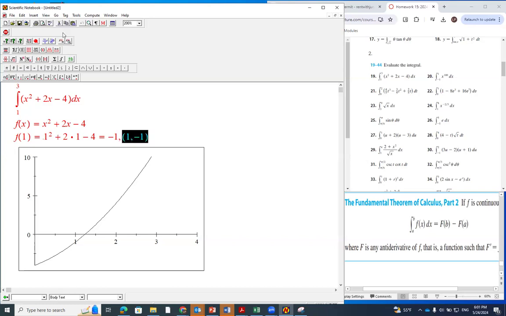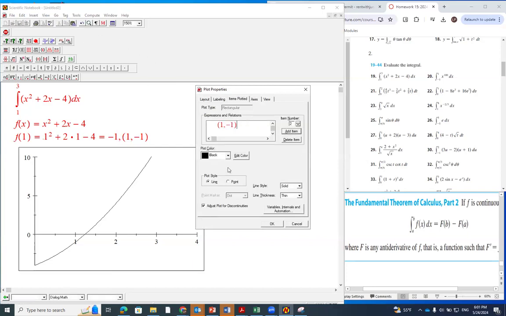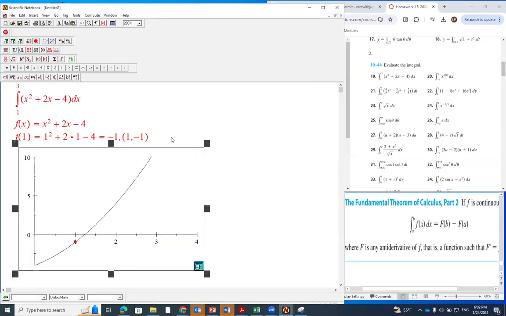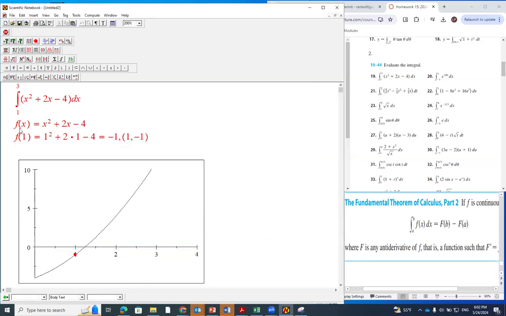So we're going to put that point on the graph. There's the dot. I can make it red. Okay. And the other point is f of 3, right? So we're going to have f of 3. So here, x of 3, 3, 3, and that will equal 9 plus 6 minus 4.